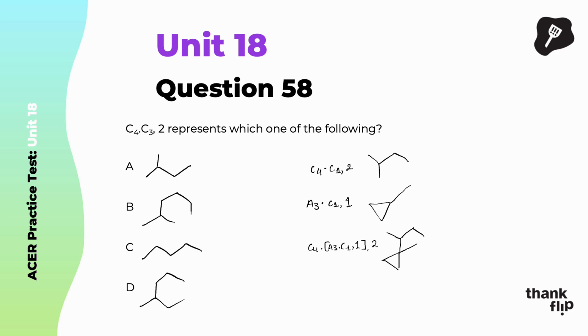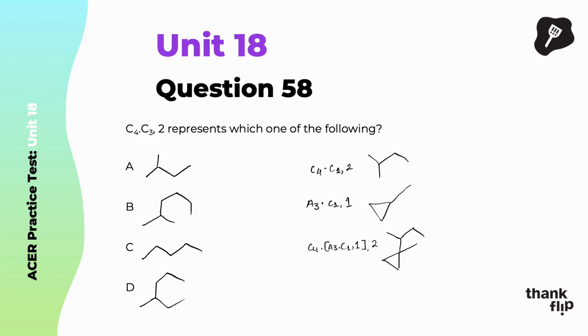So let's just look at question 58. It's asking us to figure out which of the following structures is represented by this cipher: C4.C3 2, 2. So looking at our table, let's figure out what this code actually means.